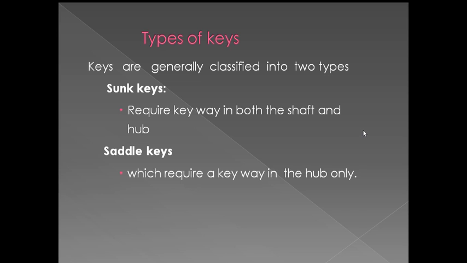A sunk key is a key in which half of the thickness of the key fits into the keyway in the shaft and half in the keyway of the hub. So here half of the thickness of the key is in the shaft and half of the thickness of the key is in the hub.